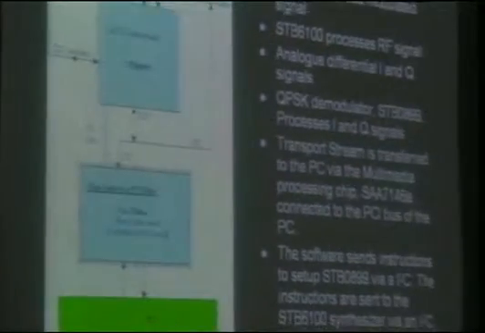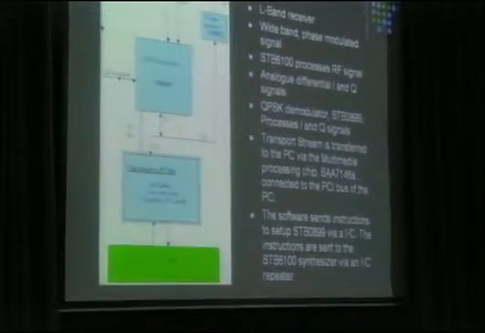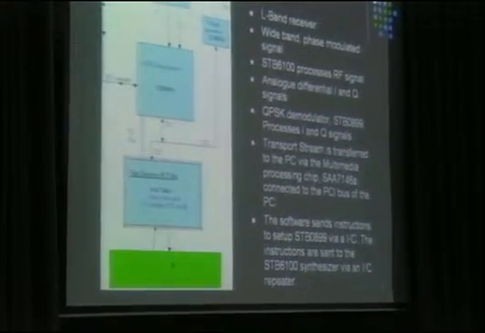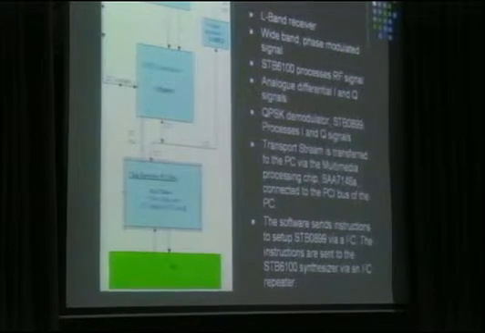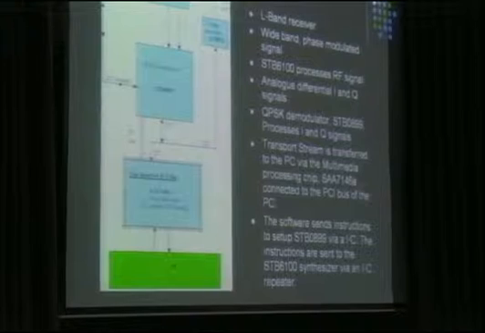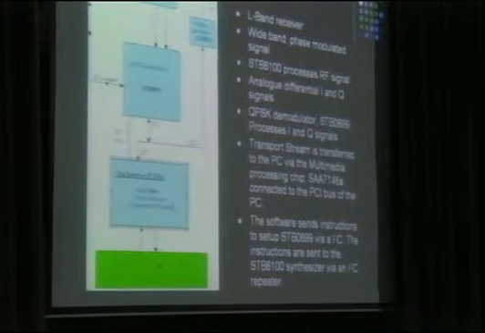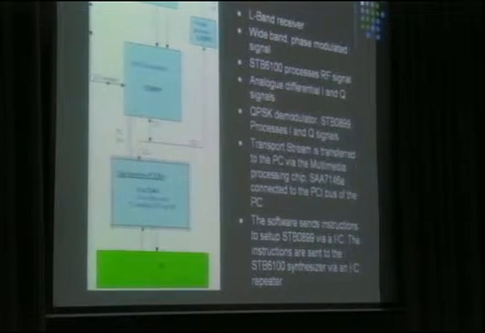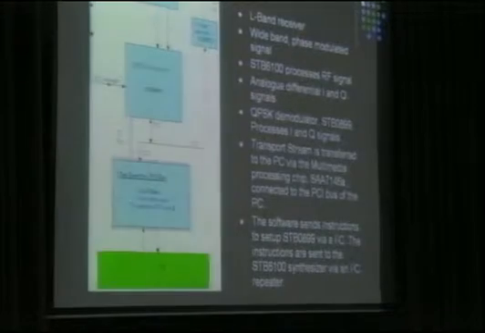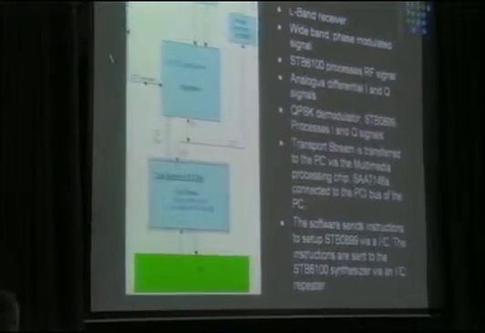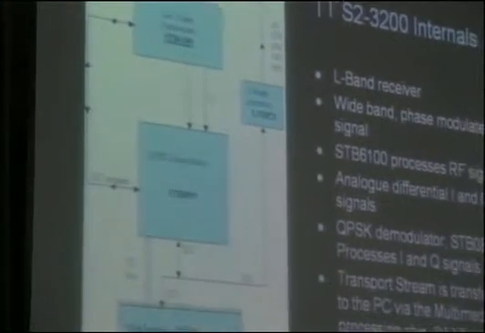So I had to find a driver that allows me to discuss, to send what I want to the demodulator. There is also an I2C repeater to send your command to the zero IF tuner.